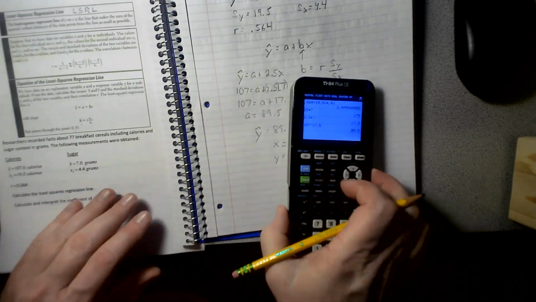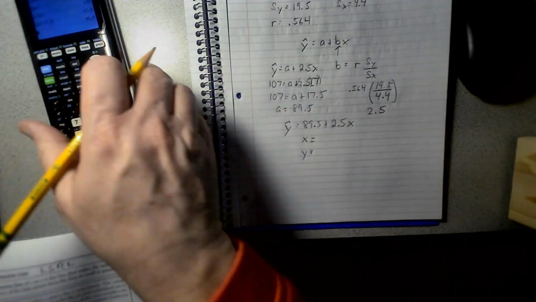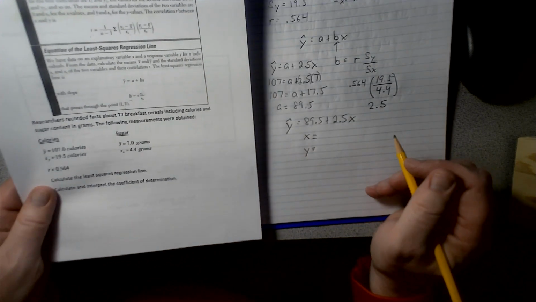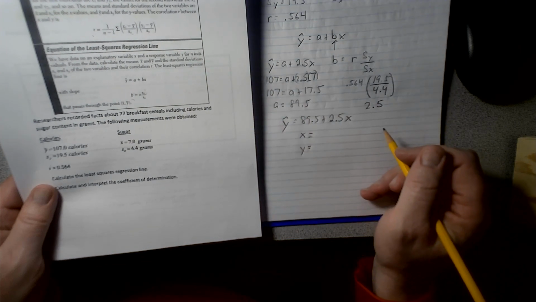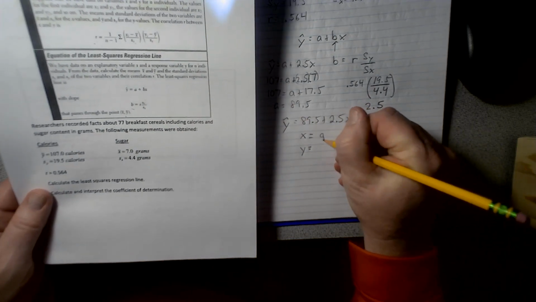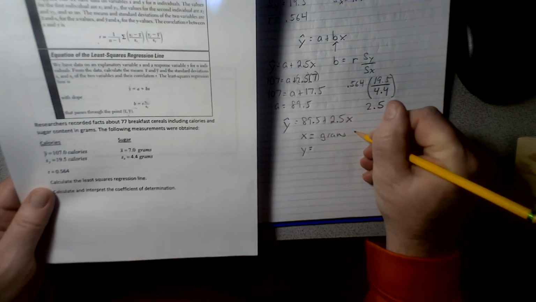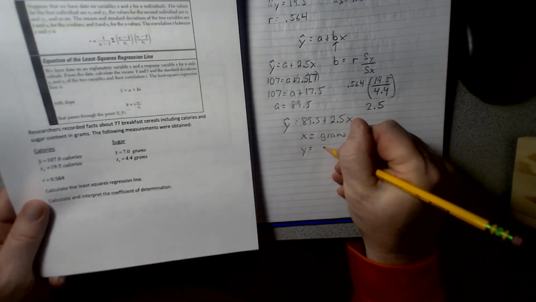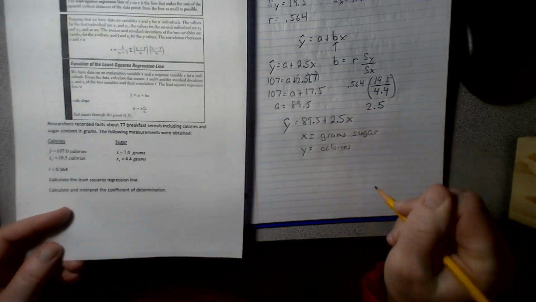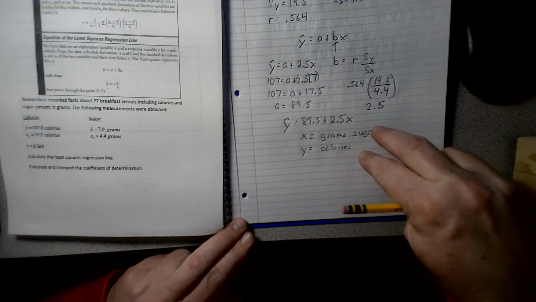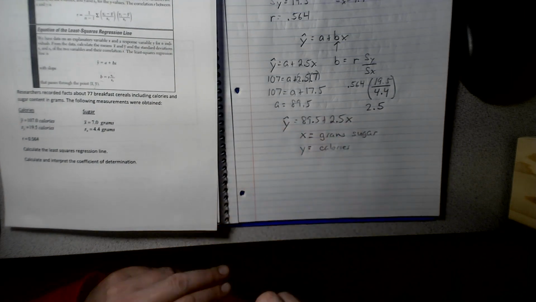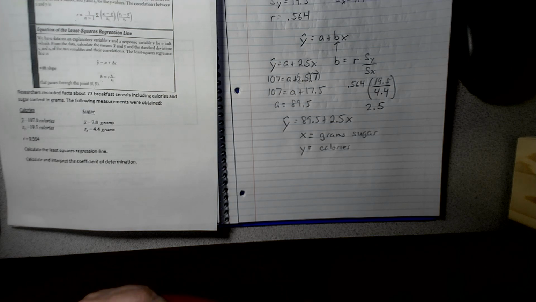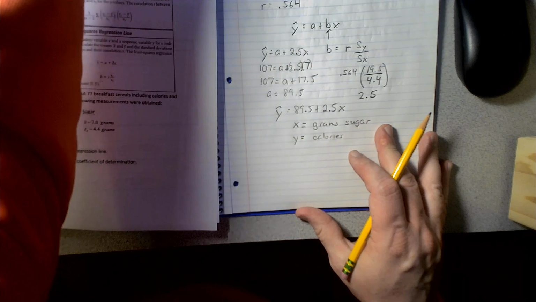So in this case, x is grams of sugar, and y is calories. The other thing you could do is incorporate those variables into the equation itself. That would also be acceptable. Slide this up out of the way.